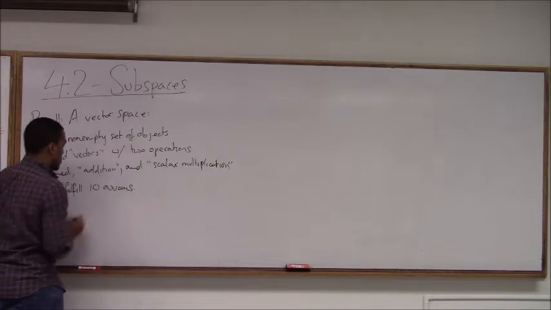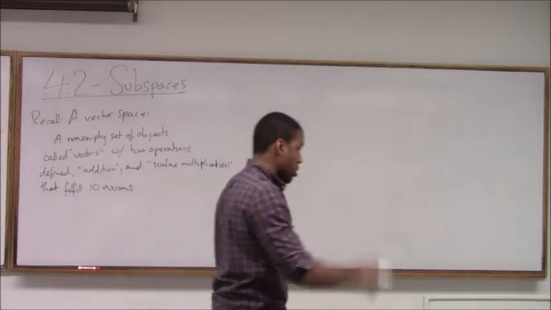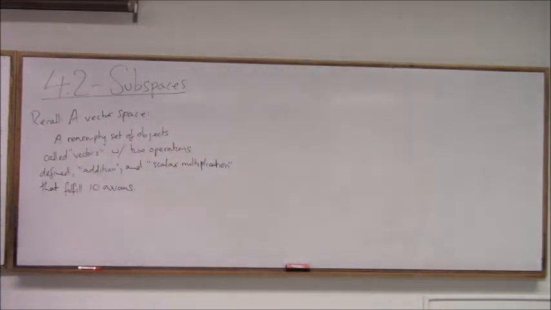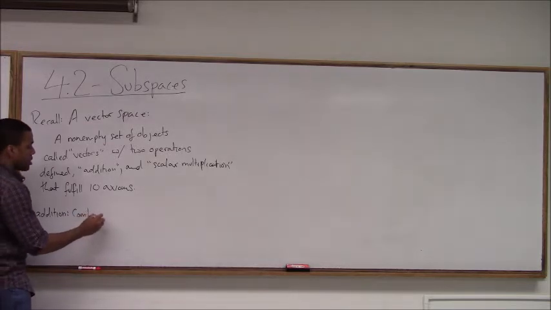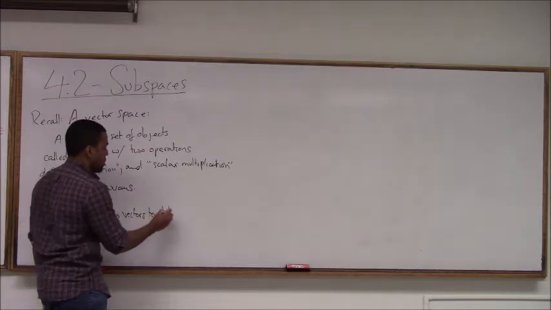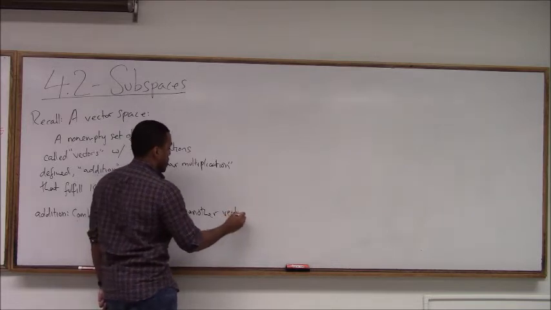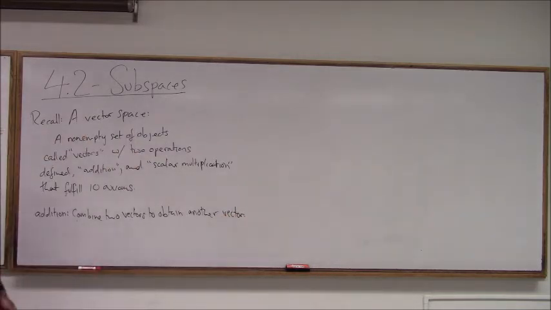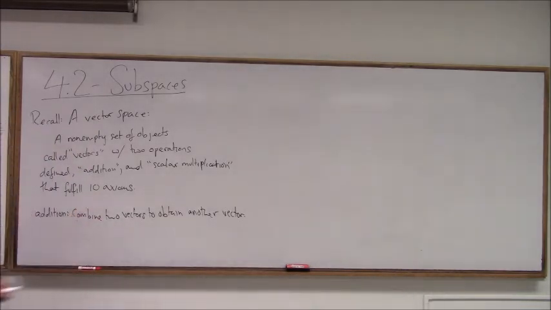I'm not going to relist those. These are the familiar axioms basically that work on the calculus 3 vectors if we ignore all vector products. But addition is just some sort of mechanism to combine two vectors to get another vector. So any rule where I can take two vectors and through some rule that obeys the 10 axioms, I combine them in such a way to get another vector, I call that addition.